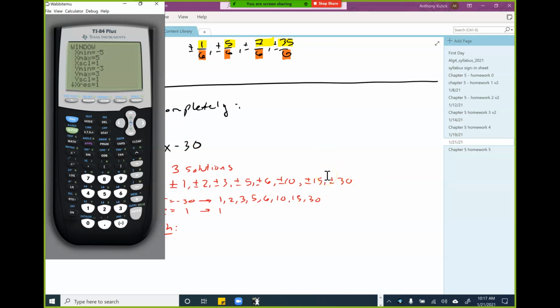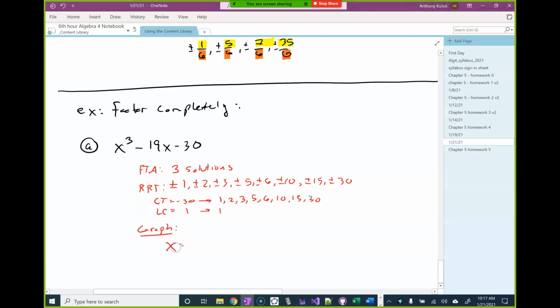Is everybody okay there? So what that tells me is I can use any one of them to do my synthetic division. It does not matter since they're all on my RRT list. They're all good choices to use to do my synthetic division.